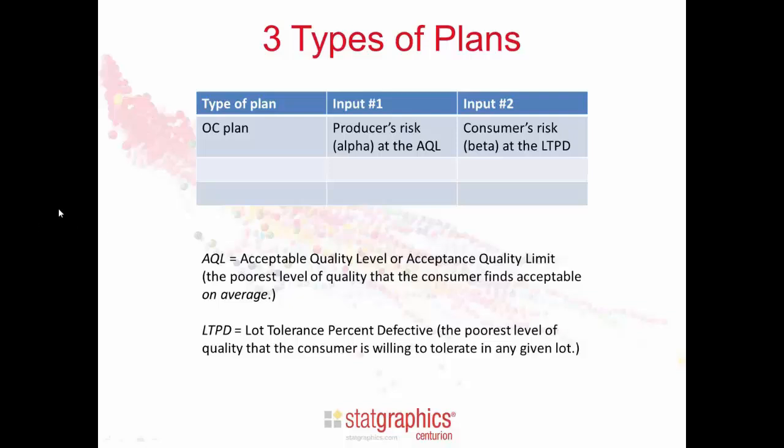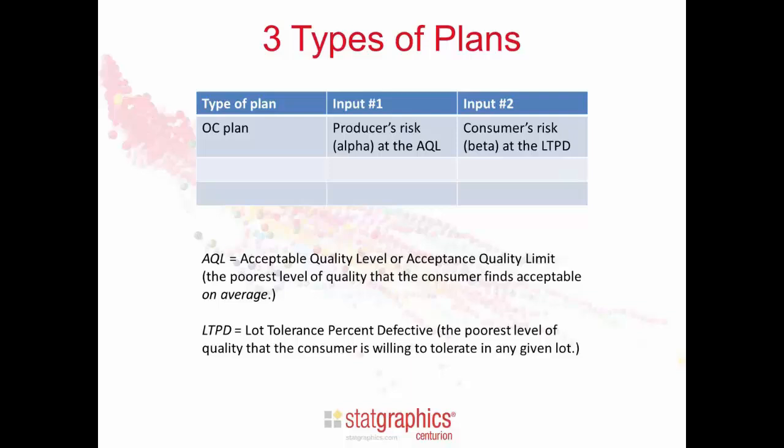We also need to control the consumer's risk, and we control the consumer's risk at the LTPD. The consumer's risk is basically the risk that we will accept a poor lot. Now, it's controlled at the LTPD, which stands for lot tolerance percent defective.